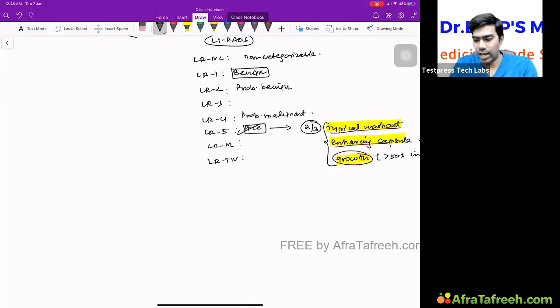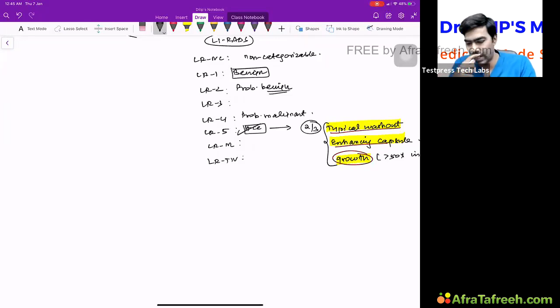In a sense, we don't have all the typical characteristic features, like for LR4. Probably they might be having only 1 out of 3. So in that sense, you can probably tell it's an HCC, probably malignant, but it's not definitely HCC. Probably benign in the sense you have a hemangioma, but not with very typical features. They might have some atypical features. That is what we call LR2, but still you are sure it's a hemangioma. That is LR2, probably benign.